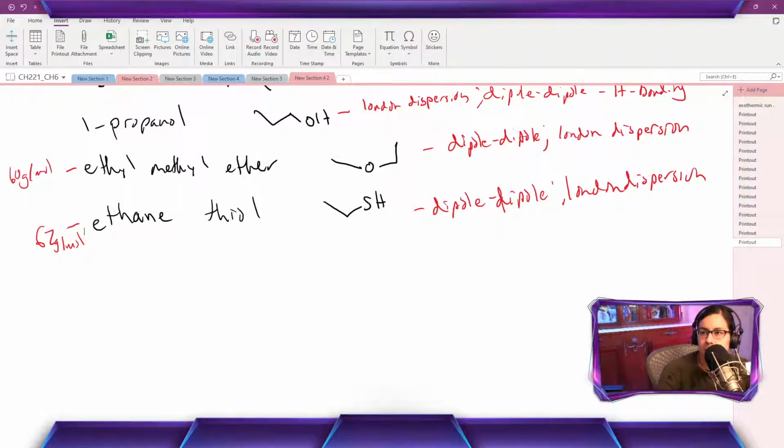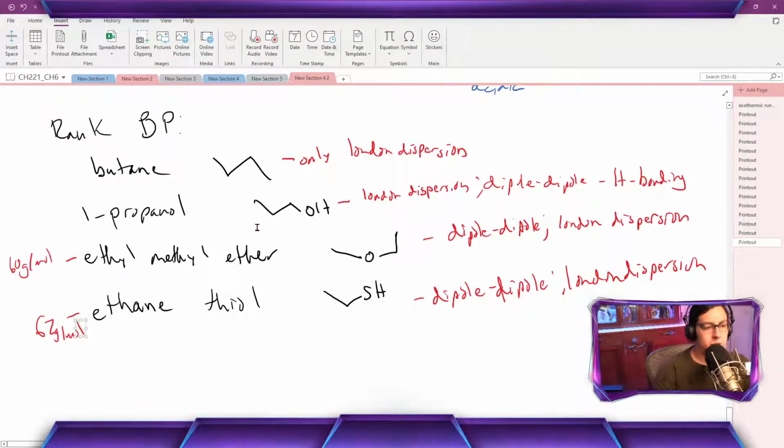Just trying to find its dipole moment, just to see if it had it to compare. Because this is a little tricky. Kind of annoying. So now we're kind of debating between these two.